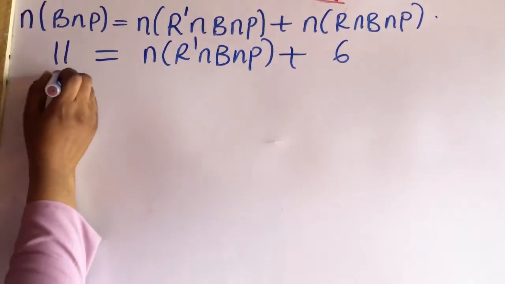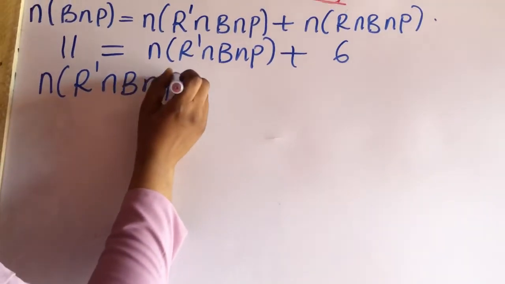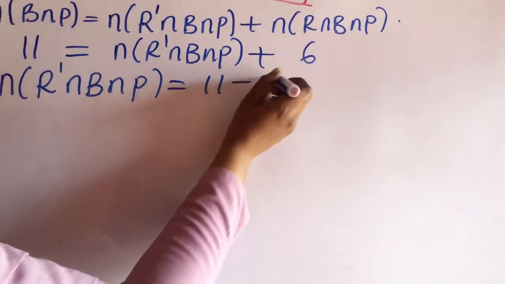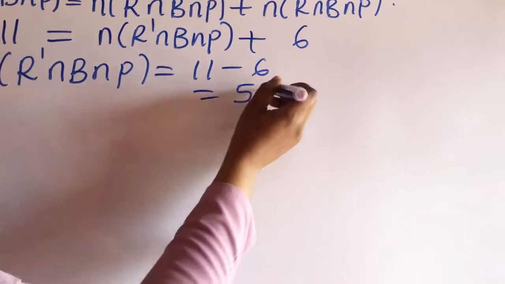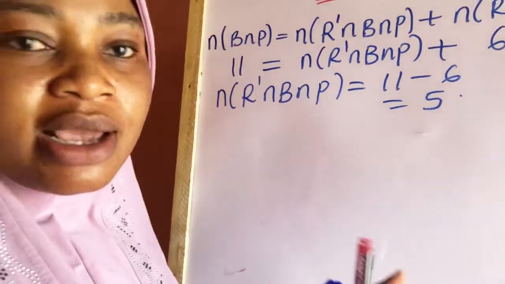So the cardinality of R prime intersect B intersect P will now be equal to 11 minus 6, which is equal to 5. So those that liked beans and plantain only, they are 5.